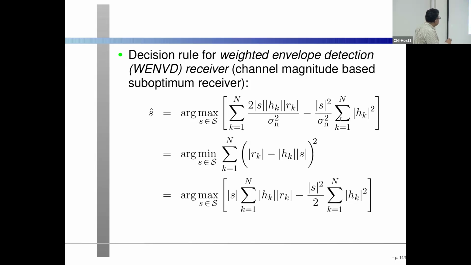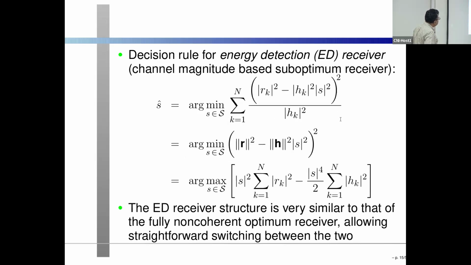Now another receiver which we'll look at is the energy detection receiver. It's again partial CSI. So here what you do is you subtract mod of Rk squared. There you were subtracting between mod of Rk and mod of Hks.